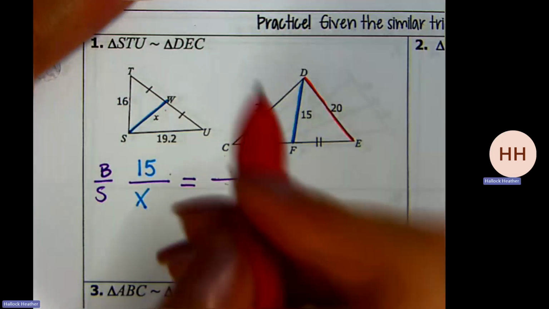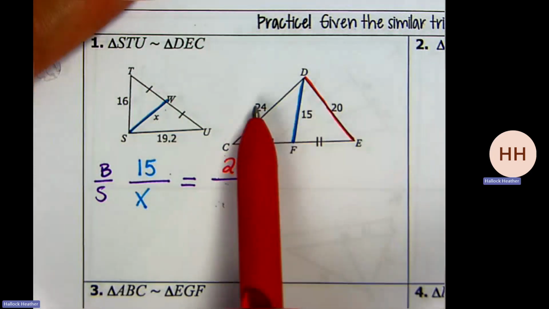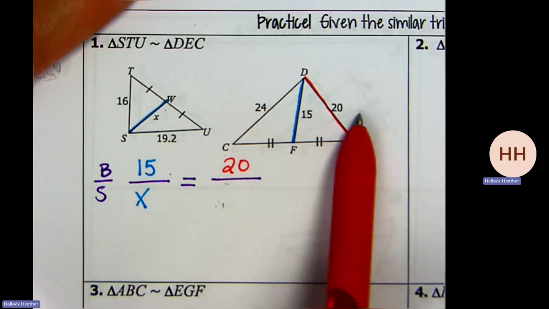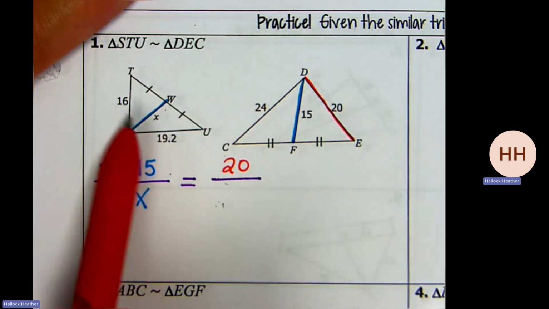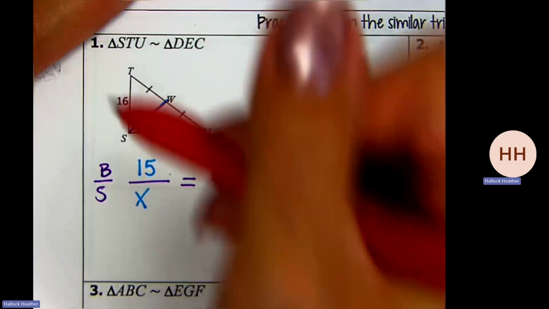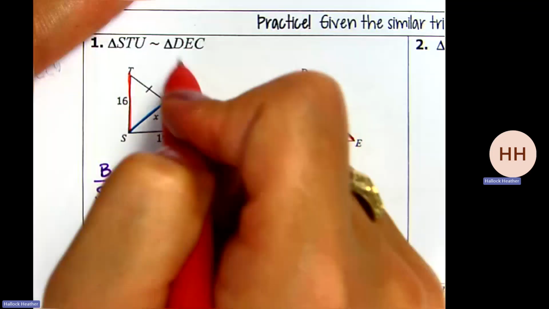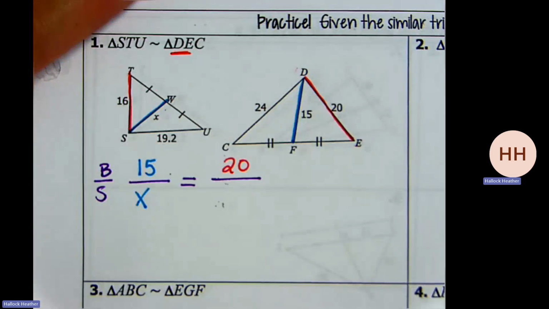on the bigger triangle. You can look at this one of two ways. 20 is the smaller of the two numbers. So that's going to correspond with the smaller of the two numbers. You can also tell that these pieces correspond because 16 is obviously smaller, because DE is the first two letters of this similarity statement.